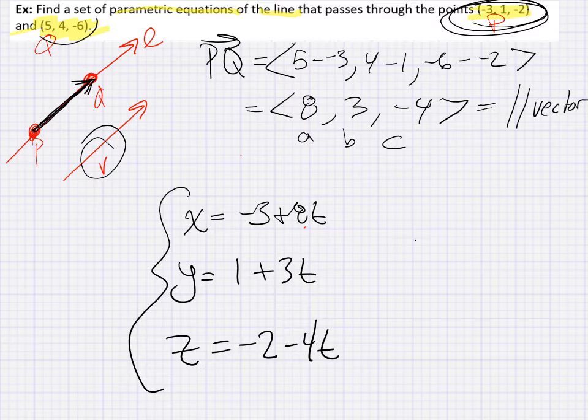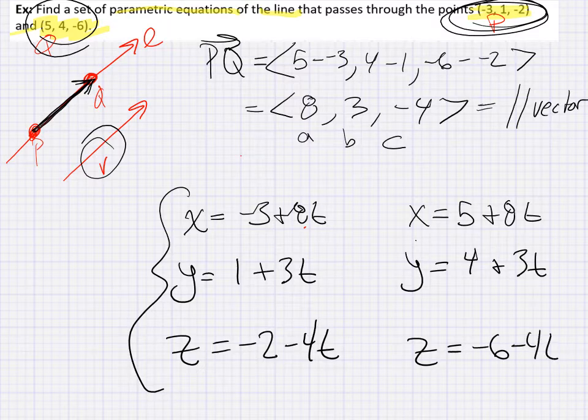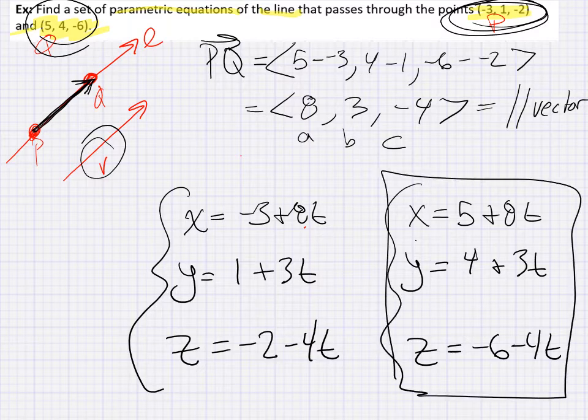If I chose to use the other point, I would get x equals 5 plus 8t, y equals 4 plus 3t, and z equals -6 minus 4t. Now they may look like a different set of parametric equations, but in the end, when I plug in different t values and create my points x, y, and z, I would get the same exact line.